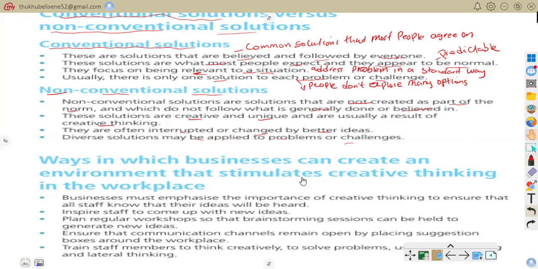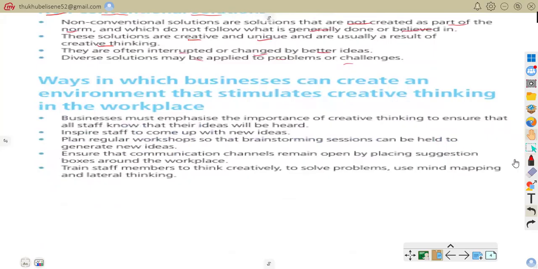So now let us move on to ways in which a business can create an environment that stimulates creative thinking in the workplace. They as a business must emphasize the importance of creative thinking to ensure that all staff know that their ideas will be heard.